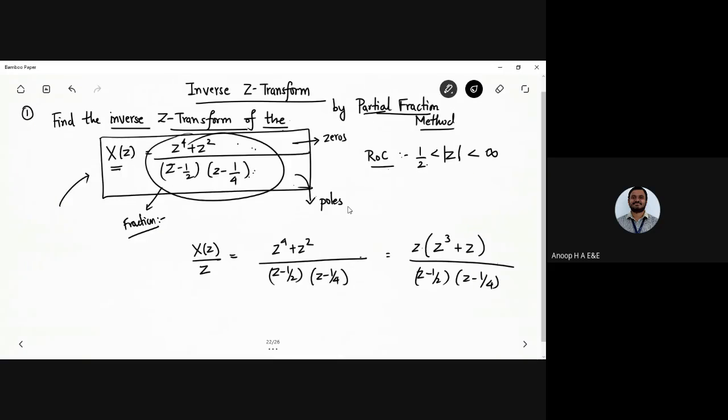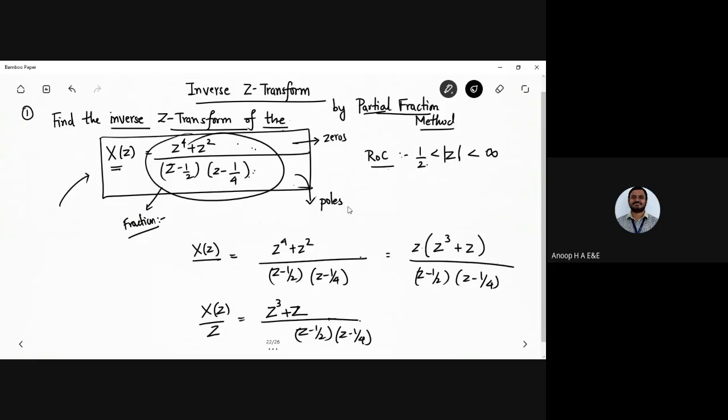Let me erase this right now. I just wanted to represent it. So X of z divided by z is equal to z cube plus z divided by z minus 1 by 2 into z minus 1 by 4.